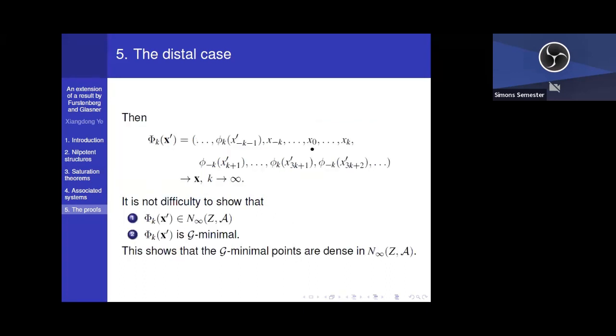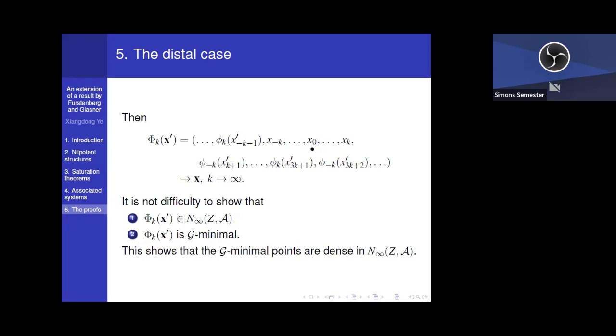Then you will see phi Kx prime has such a kind of form, will approach X. It's not difficult to show that this phi Kx prime is also G minimal. So this shows the G minimal points are dense. So this is for the distal case.